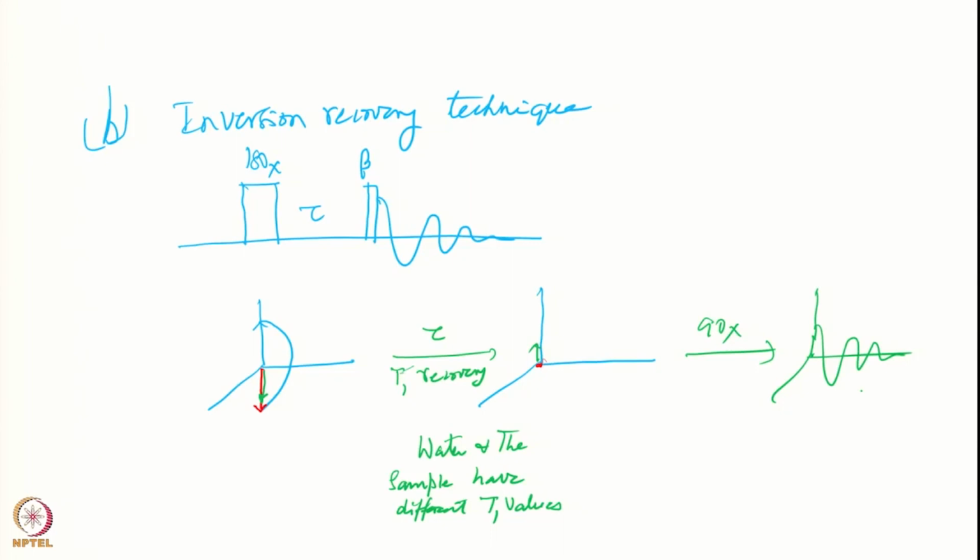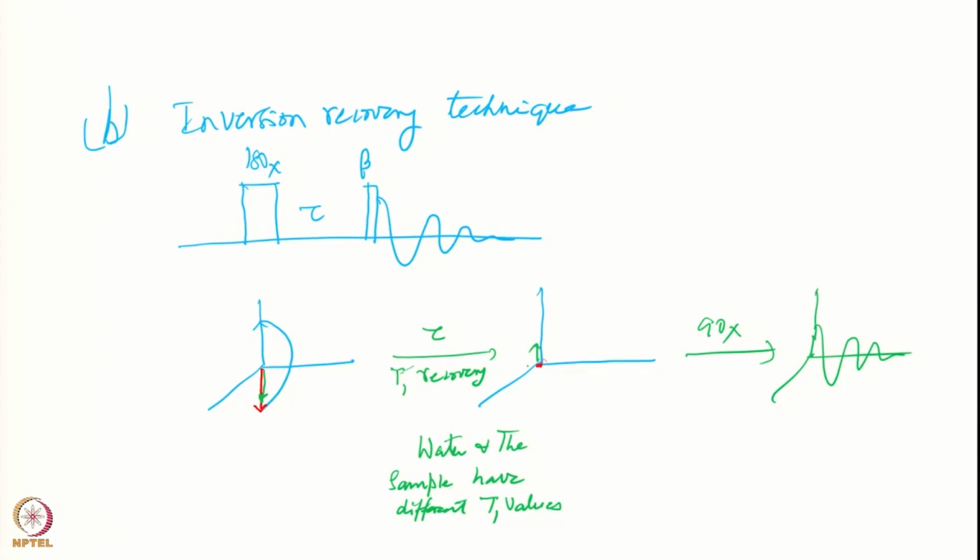This of course requires that they have distinctly different T1 values, only then you can suppress the water. If they have similar relaxation times, then this will not work, because if the water has relaxed to 0, your sample also would have relaxed to 0.